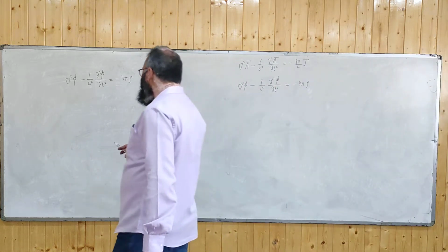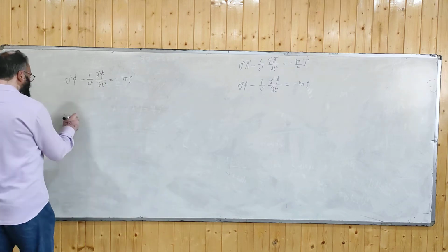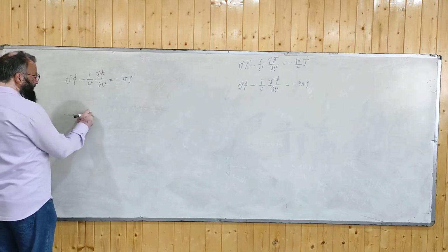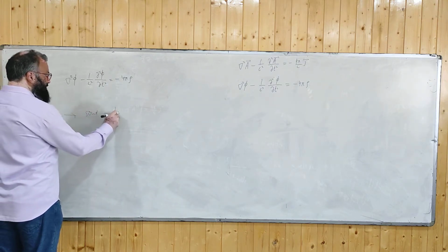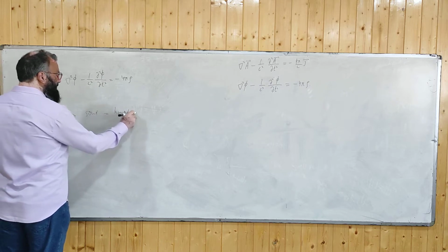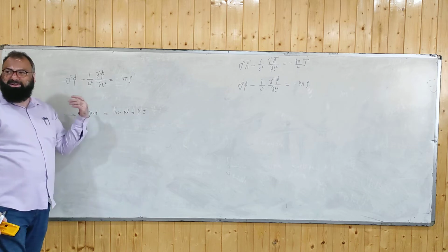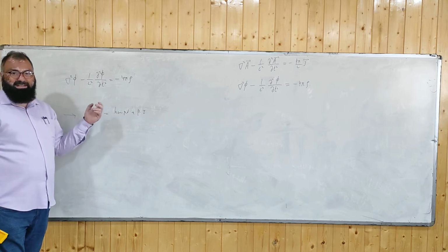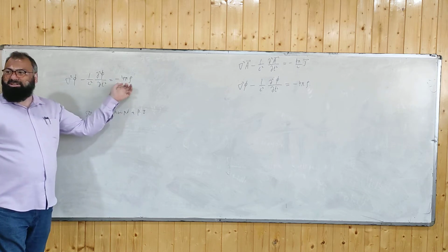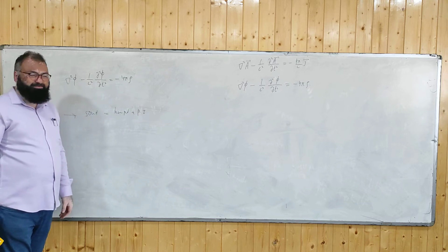Okay, let's do it. The first thing is, the solution contains a homogeneous part plus a particular integral part. We are actually interested in the particular integral, because it is related to this inhomogeneity. Clear?